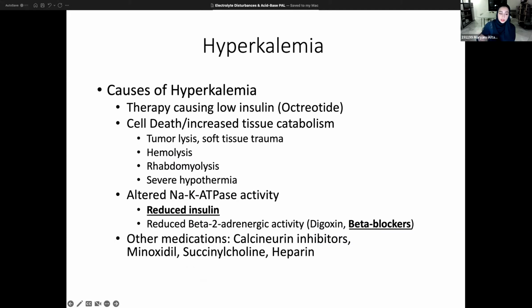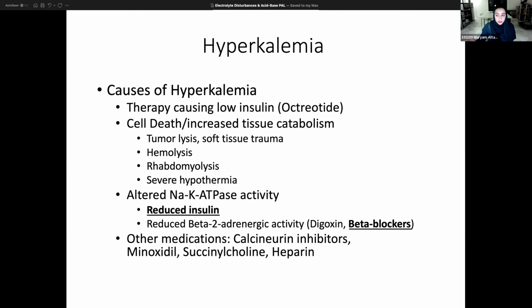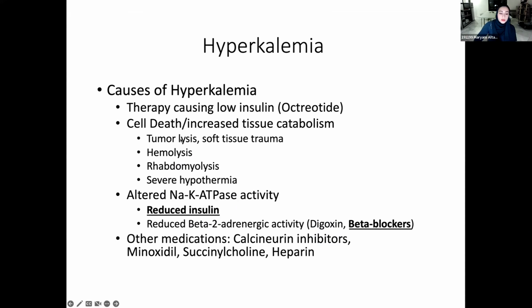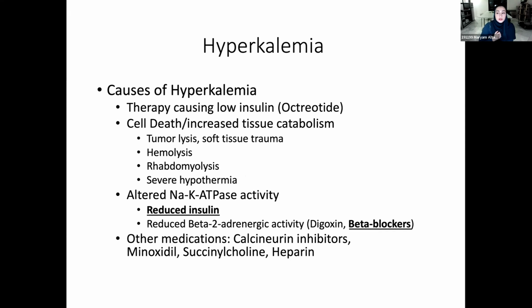If there's more potassium inside the cell and the cell explodes, potassium is going to go in the plasma and cause hyperkalemia. So this can be due to tumor lysis, trauma, rhabdomyolysis, severe hypothermia, because in severe hypothermia, you're shivering so much that it can start to break down the muscle cells, and hemolysis as well.